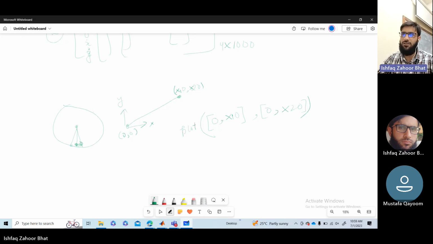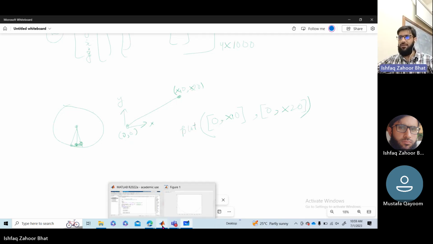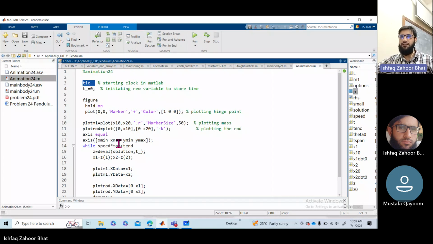Tic toc. So when MATLAB encounters tic, that is, the clock has started. When it encounters toc, it reads the time.